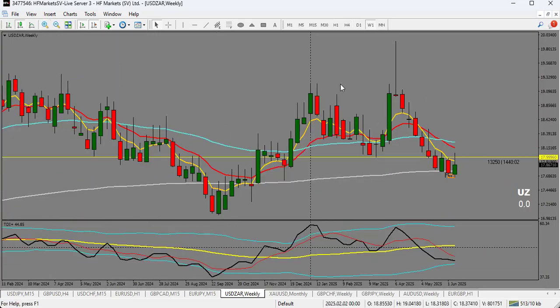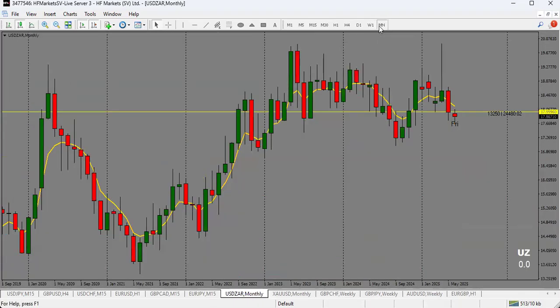So based on the higher time frame, when you look at the weekly time frame, you can see clearly the market is bouncing off the 200 EMA, which is also a very good area to bounce off because we consider it as a moving support or moving resistance. So at this point, it's a moving support.